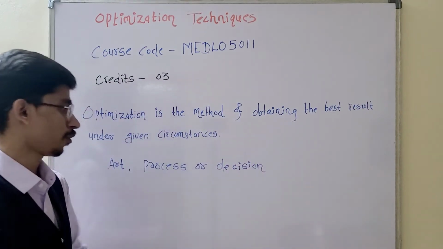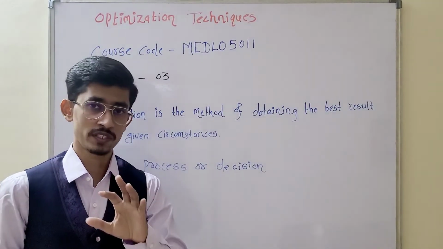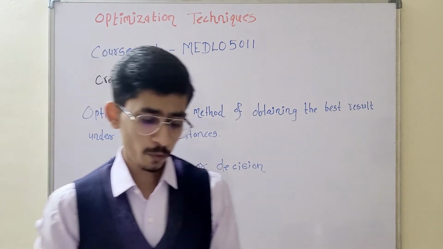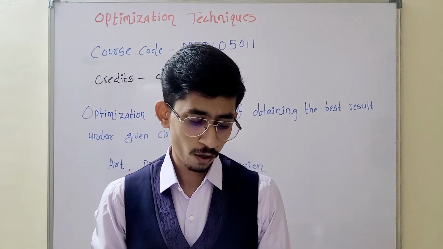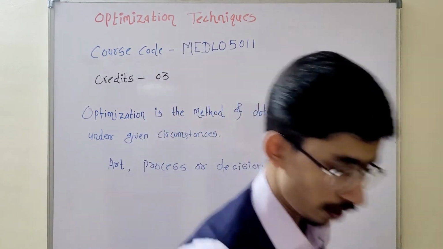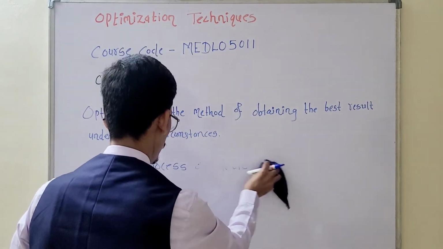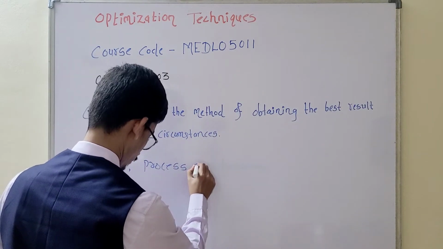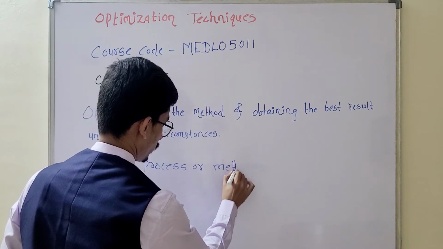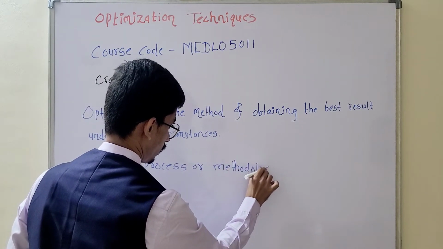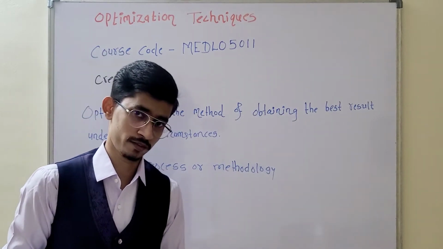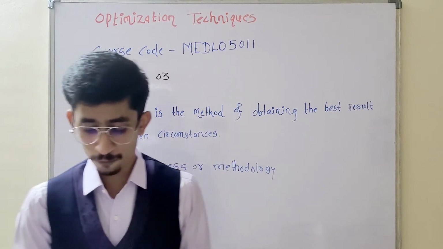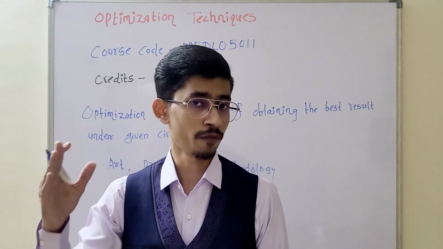Look at the most important words. These are the three important words to define optimization: an art, process, or methodology of making something.